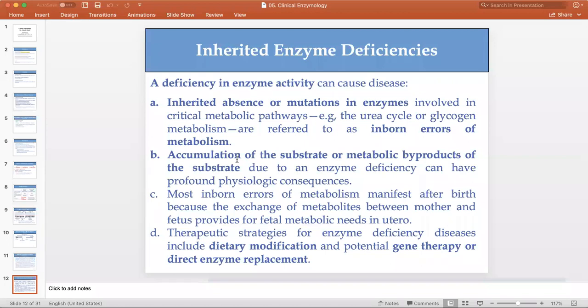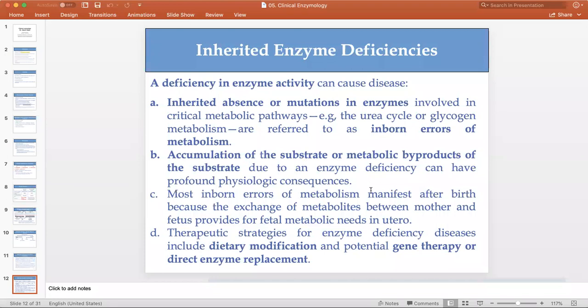So there will be accumulation of the substrate, and this accumulation of the substrate is, majority of the times, what causes the disease states. And then we have decrease in the product, which can cause the disease manifestations as well. But this accumulation of substrate can be dangerous in certain diseases.